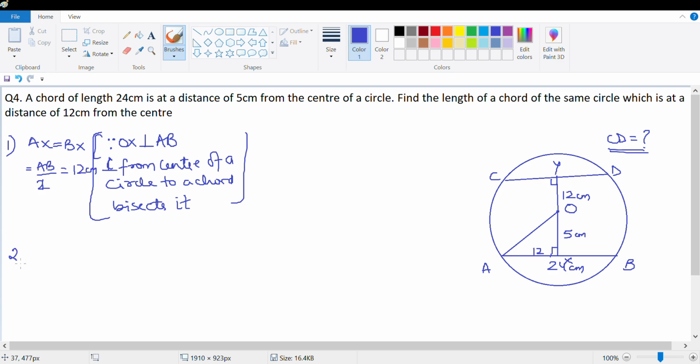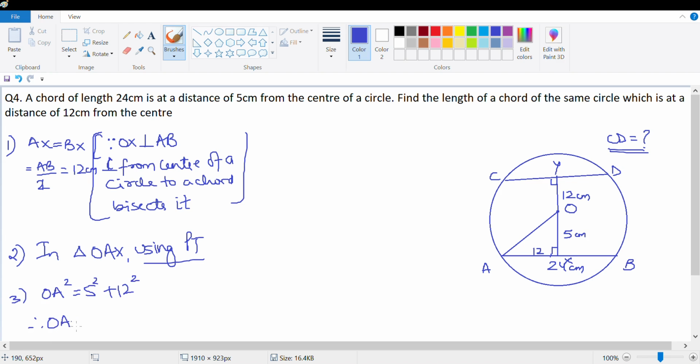Now let's apply Pythagoras theorem in the triangle OAX. That will help us get the radius. So in triangle OAX, using Pythagoras theorem, what I get is OA square is equal to 5 square plus 12 square.